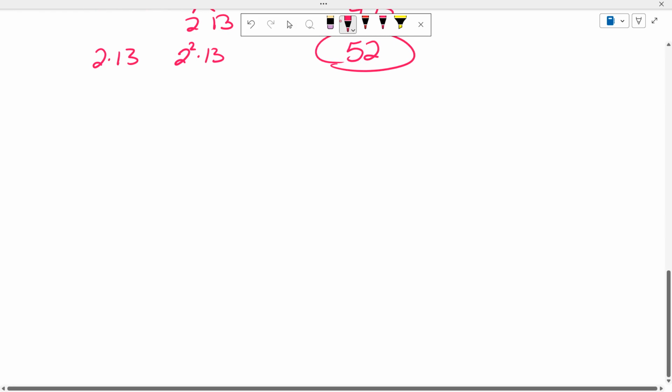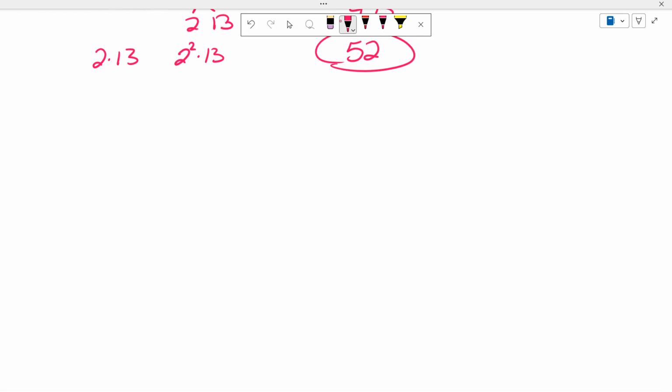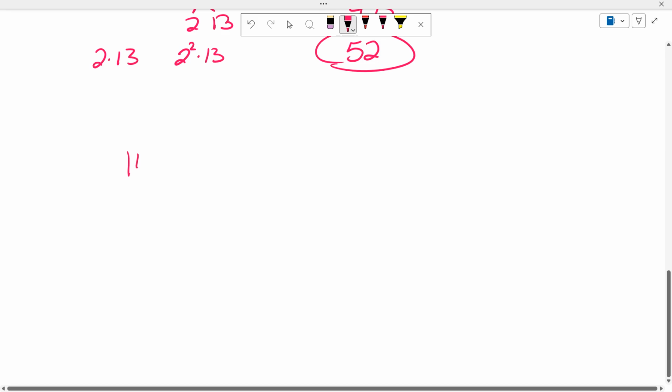Okay, we're going to do 3 numbers this time. 14xy, 16yz, 18xz.